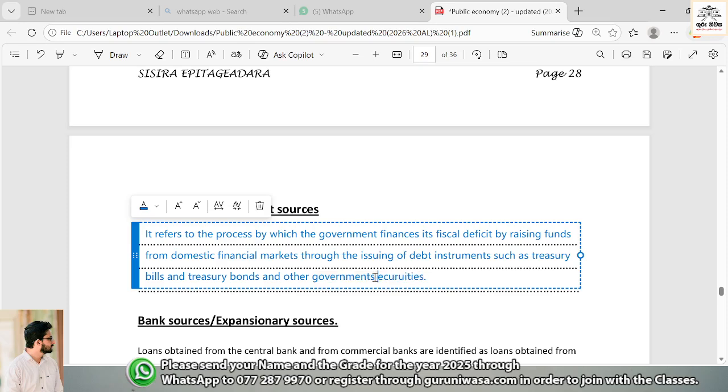Here the government has to pay interest.